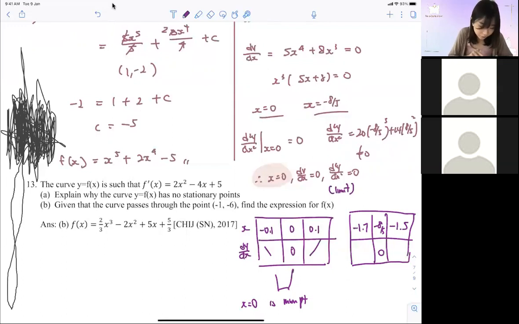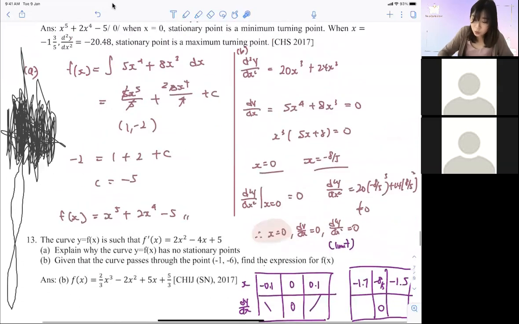Joshua done already, huh? Joshua, you don't let d²y/dx² equal 0. You let dy/dx be equal to 0.